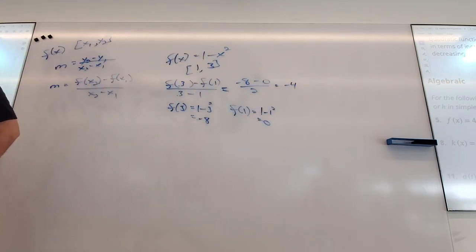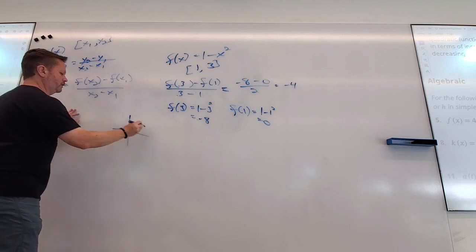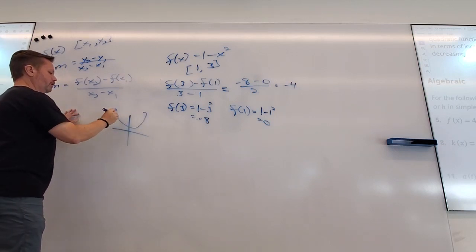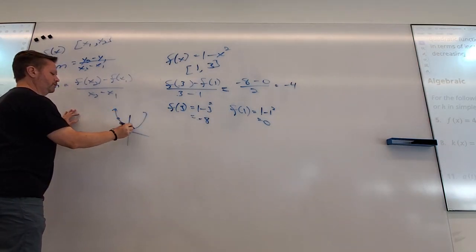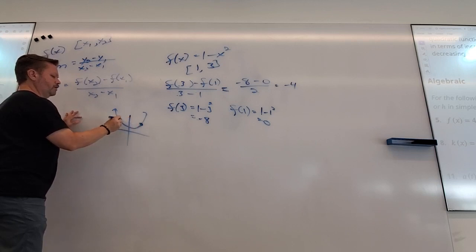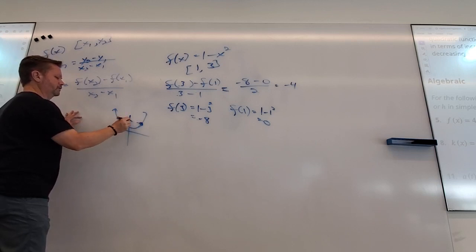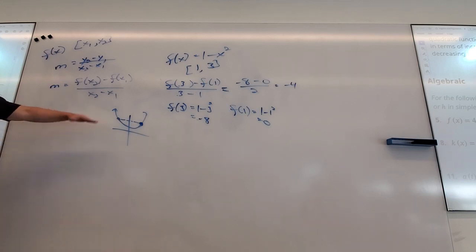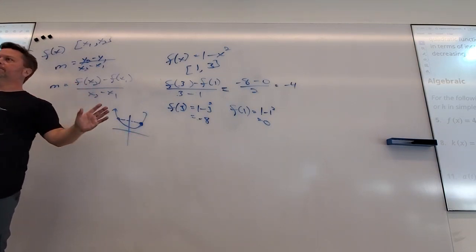So what I mean by what I just said: if I had a function that looked like this, and I go here, and I go there, how much did my output change? None. So the average rate of change here would be 0.